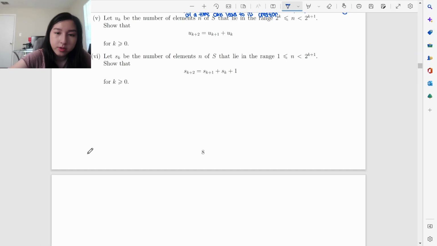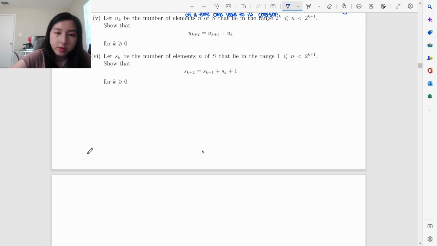And also, what is u_k? It's the count of n with 2^k less than or equal to n, which is less than 2^(k+1).